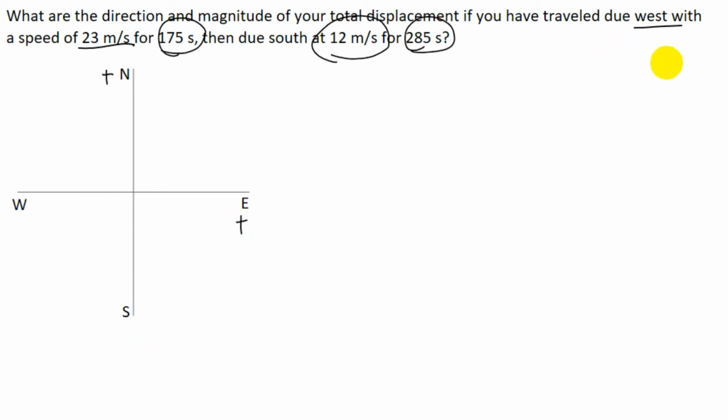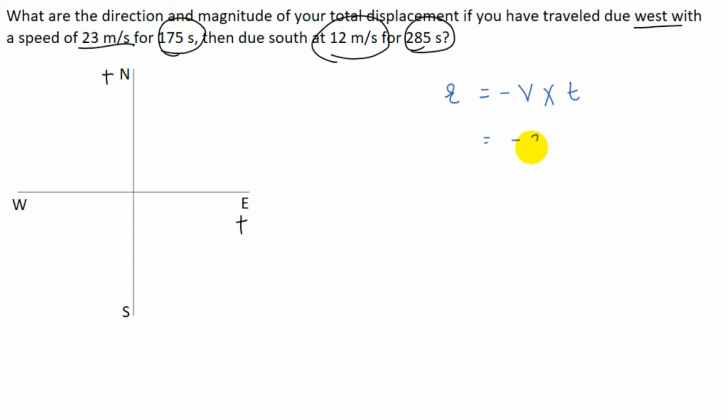Okay, so first you traveled due west with a speed of 23 meters per second for 175 seconds. So what would be your displacement in the west direction? This would be equal to its speed multiplied by time, and since you are moving in the west direction, which we have taken to be negative, this would be negative.